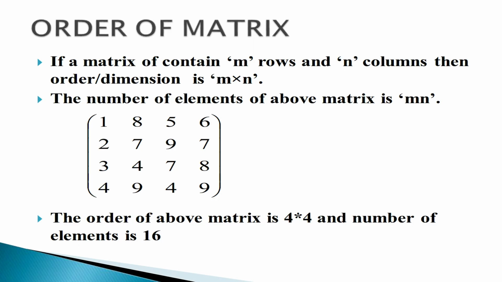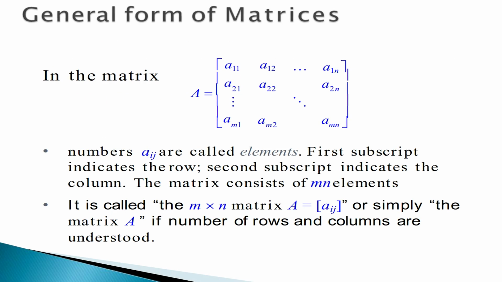Generally, rows are taken from left to right and columns from top to bottom. In that case, the order of the above matrix is 4 cross 4 and the number of elements becomes 4 into 4, that is 16.